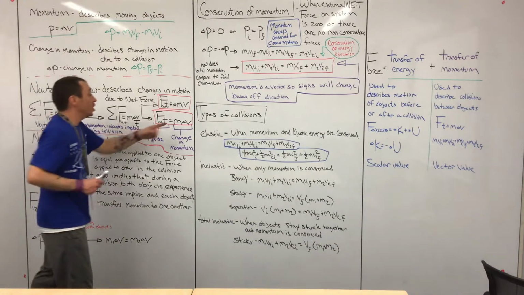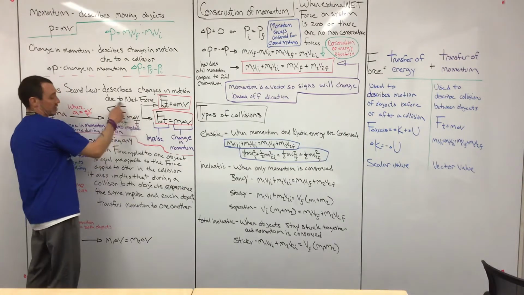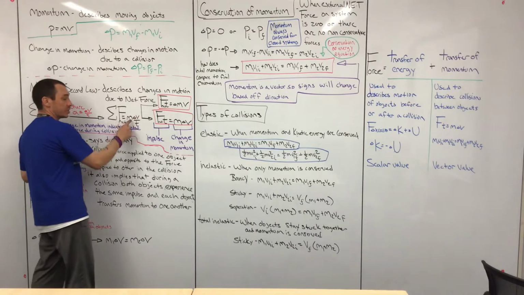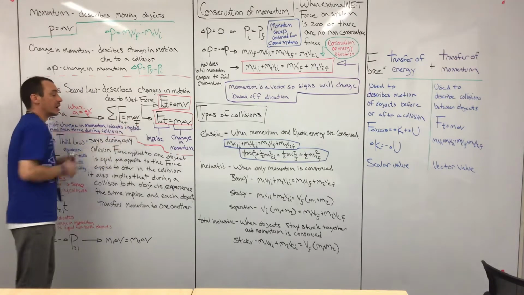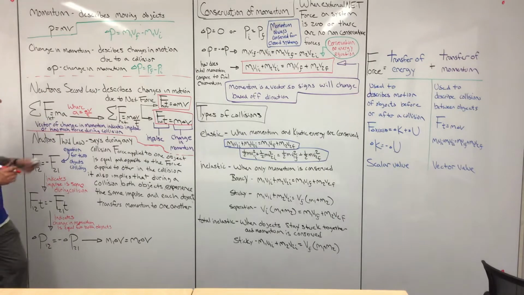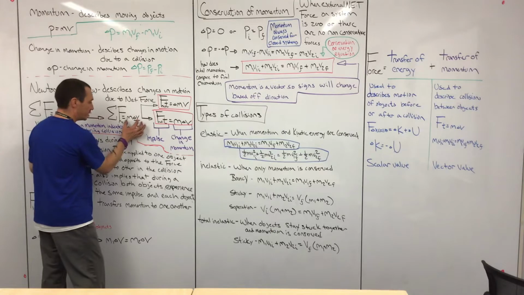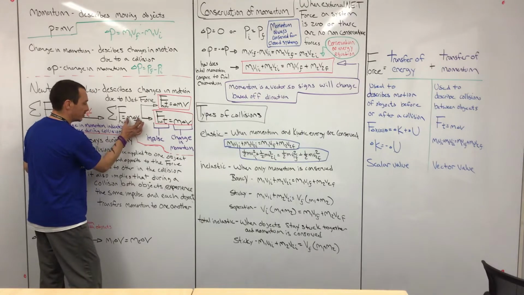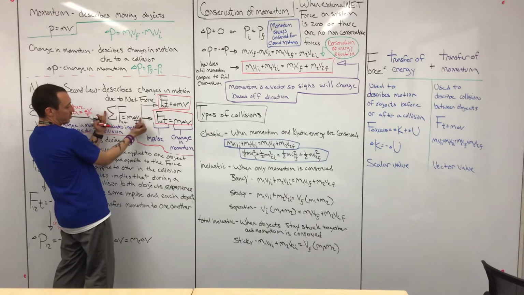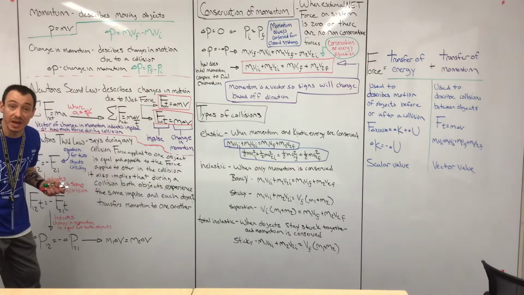Believe it or not, Newton did not write his second law this way. He actually wrote it this way, where he said the net force is equal to the mass times the change in velocity over time. And then he looked at this equation and said, m change in v, well, that's the change in momentum. I can solve this equation for the change in momentum, and I can see where it's coming from.